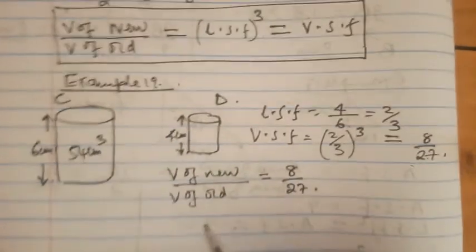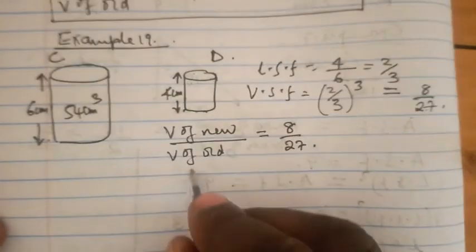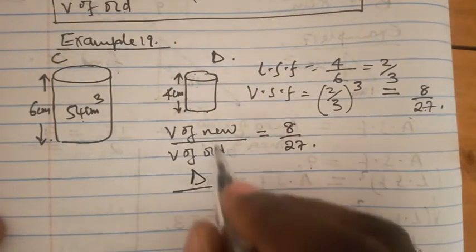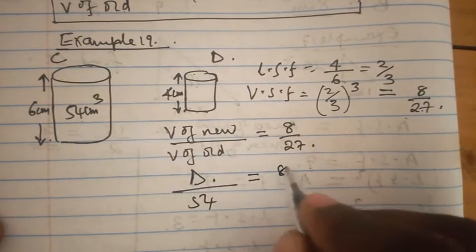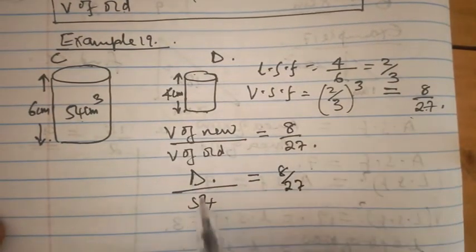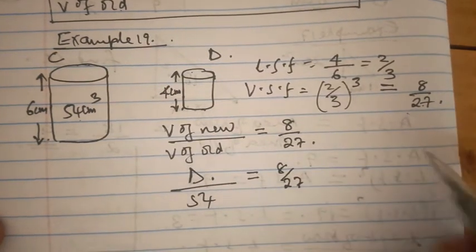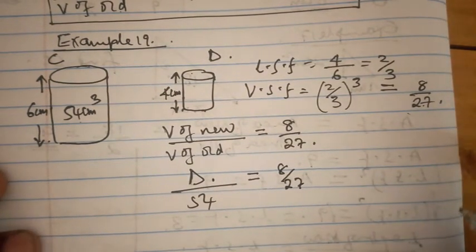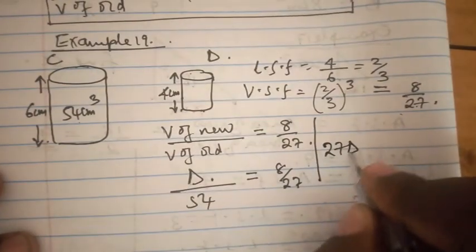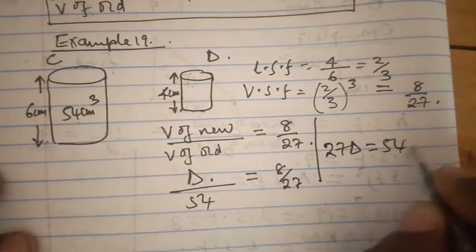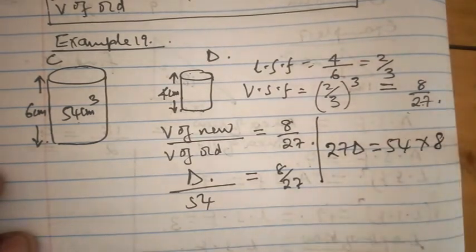Let's call it D. D over the volume of the old, which is 54, giving us 8 out of 27. And because these are equal fractions, we are always allowed to cross multiply, giving us 27D is equal to 54 times 8.